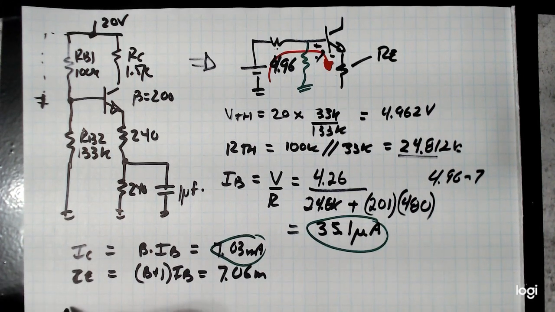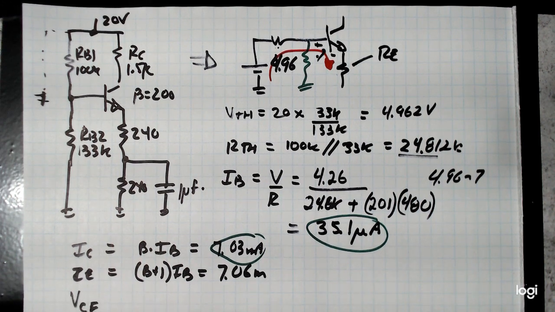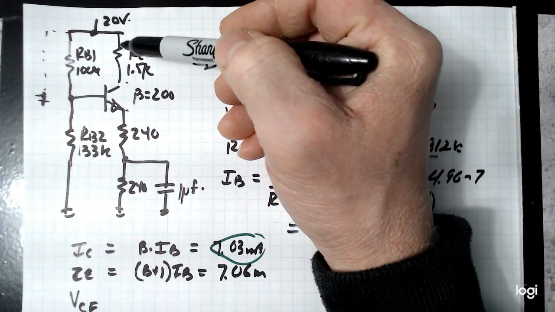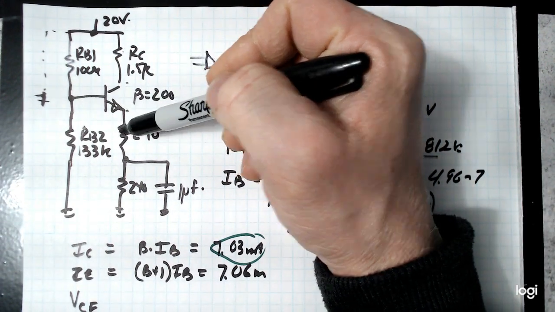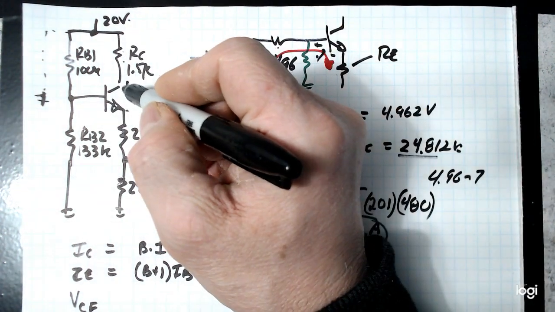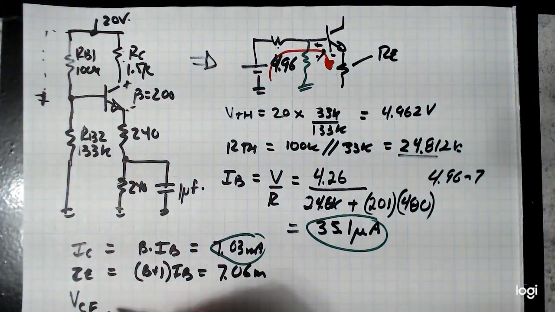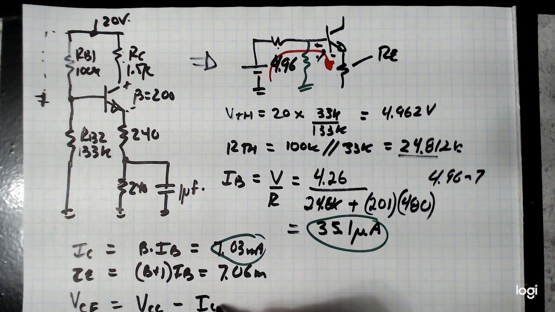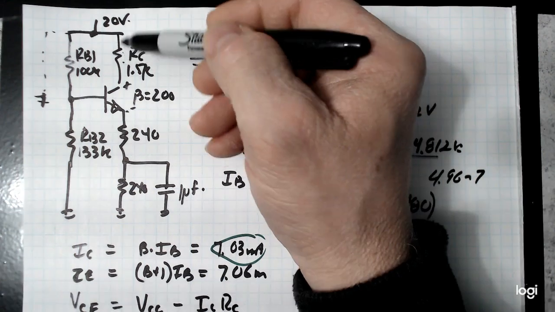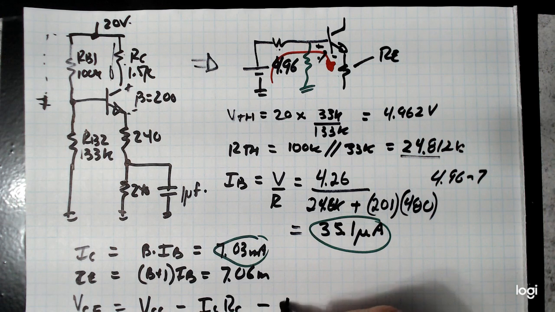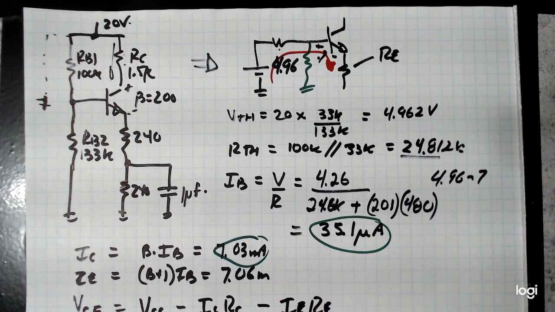Now from that we can figure out the voltage across the resistor. So here's VCE. Basically we started with 20 and we lose voltages across these three resistors. Then whatever is left is the voltage across the transistor. So voltage across the transistor is going to be VCC minus ICRC, which is basically the voltage across this guy, minus IERE, and this is both REs.